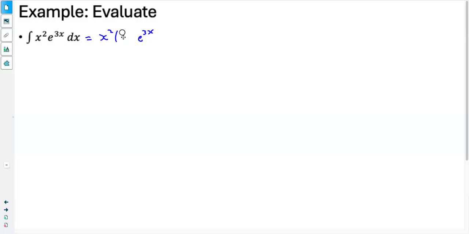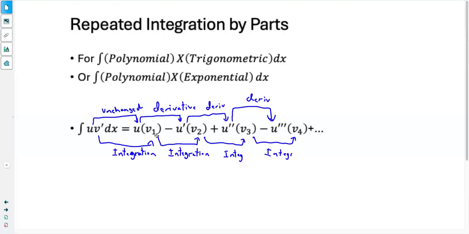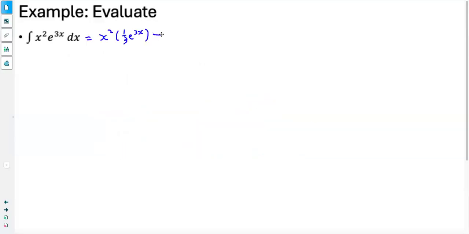I'll make that a bit neater. And one thing I didn't note when we looked at this is that we start with a minus, then a plus, so it keeps alternating signs. But we start with a minus. So we've got minus, we'll take the derivative of this. The derivative of x squared is 2x times the integral of this, so that'd be 1 over 9 e to the 3x.